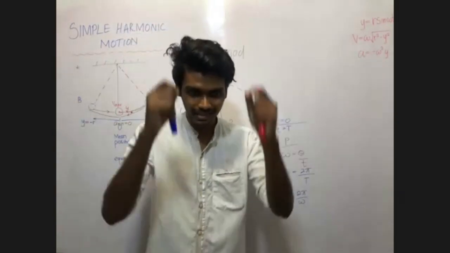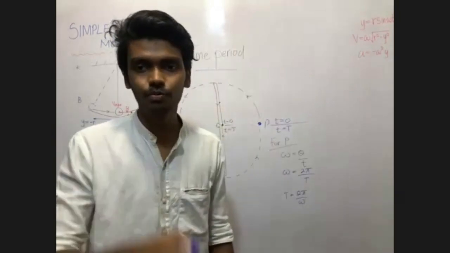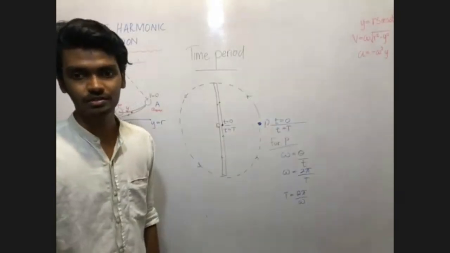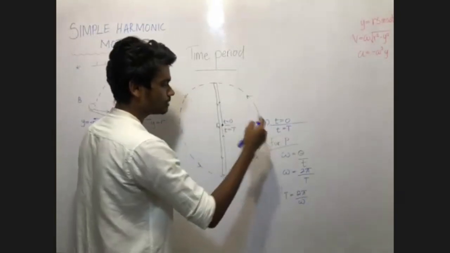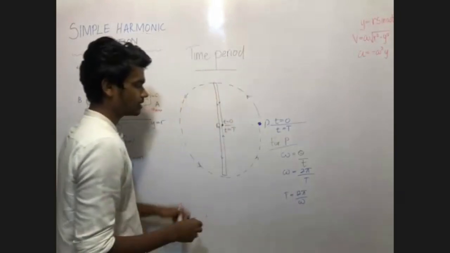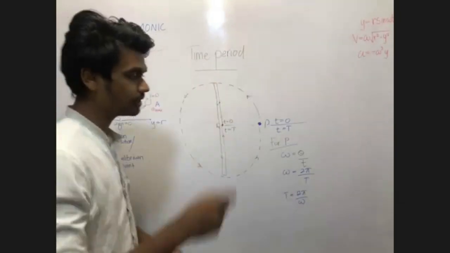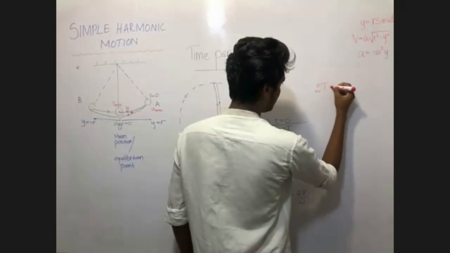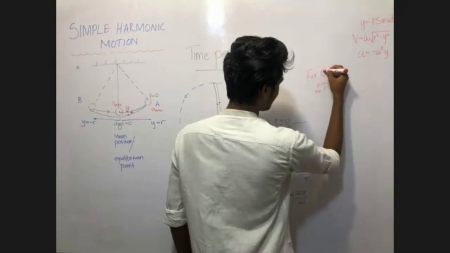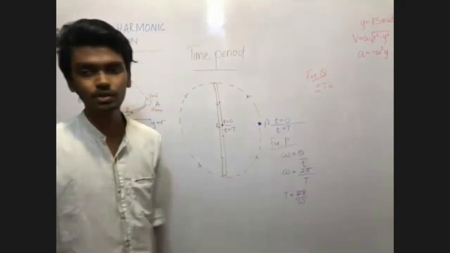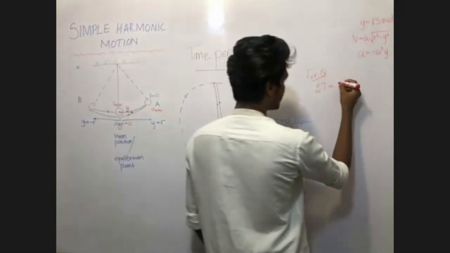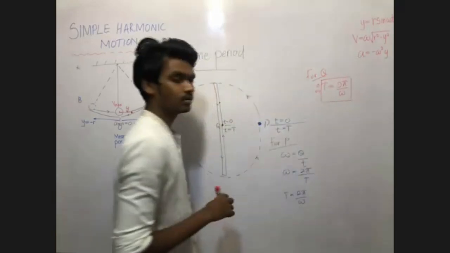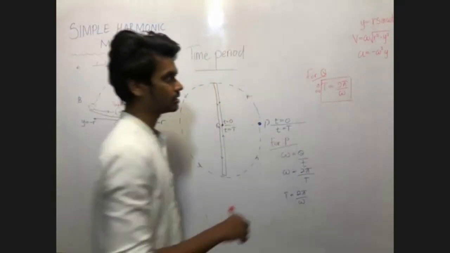P and Q will take the same time to perform their respective motions. Therefore, the time period for Q is capital T equal, once again, to 2π divided by omega.